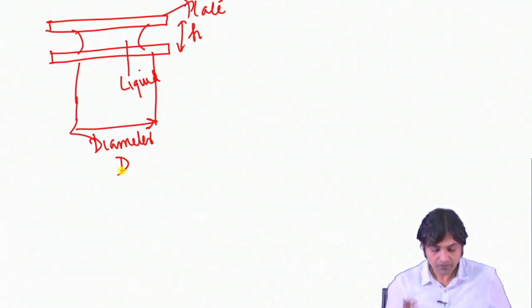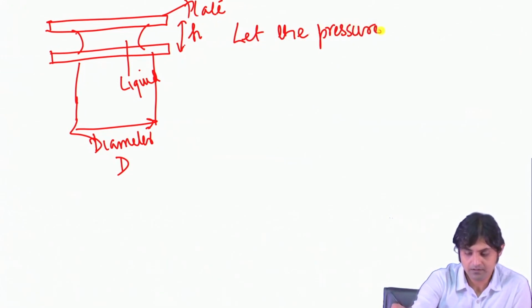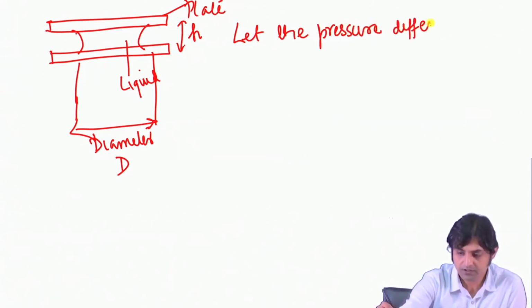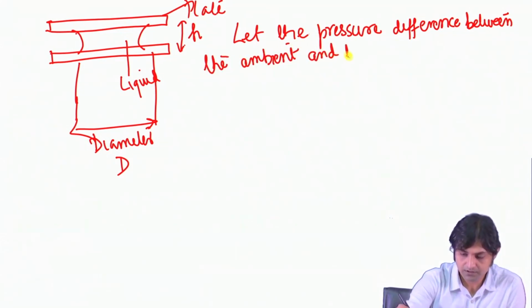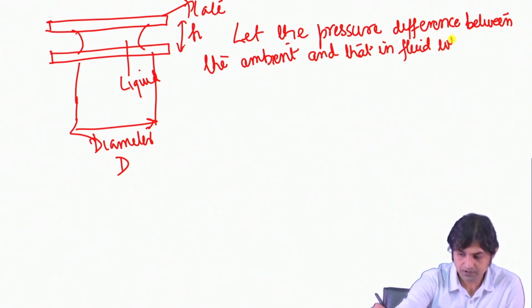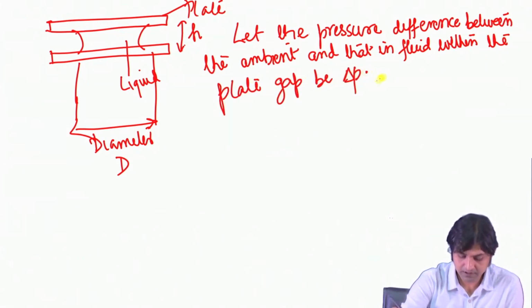So now what we say is, let the pressure difference between the ambient and that in the fluid within the plate gap be delta P, right?